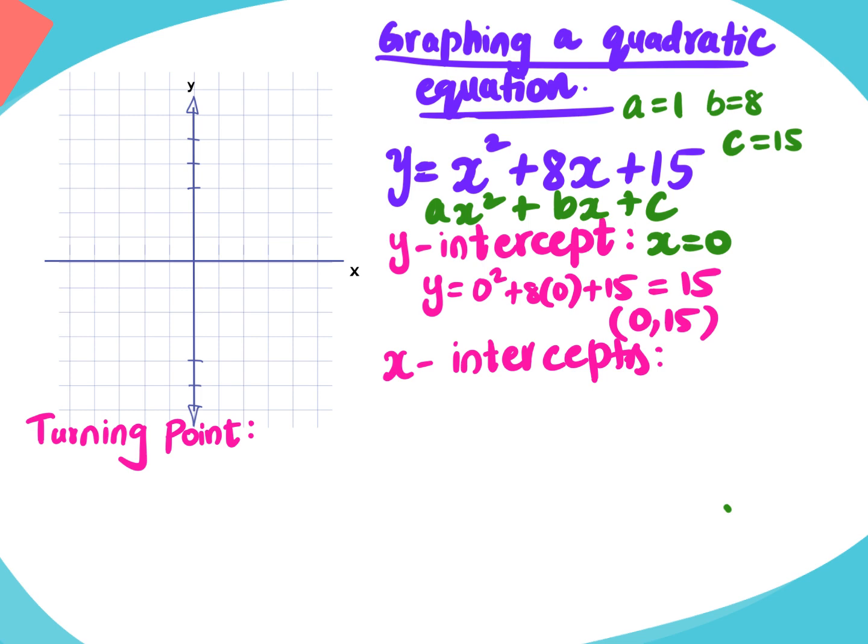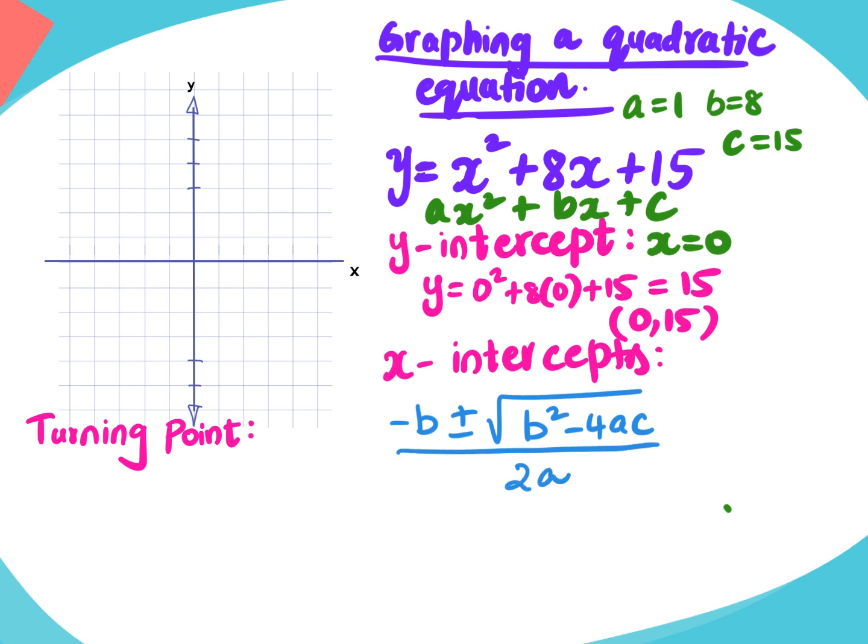X-intercepts. Since there is no standard rule telling you to use only factors or completing the square technique, you can straight away use the formula: minus b plus or minus square root of b squared minus 4ac, divided by 2a. This formula is on your reference sheet, so you don't have to worry if you forget it or make mistakes in the signs.